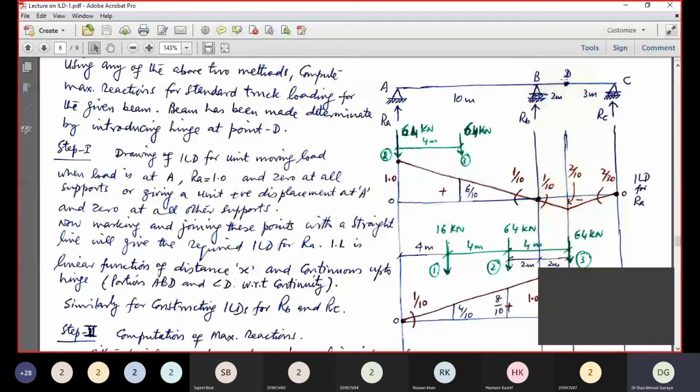This is always, जहां पे भी हिंज आएगी वहां पे उसकी कंटिन्यूटी ब्रेक हो जाएगी. Now this we will learn in step 1.